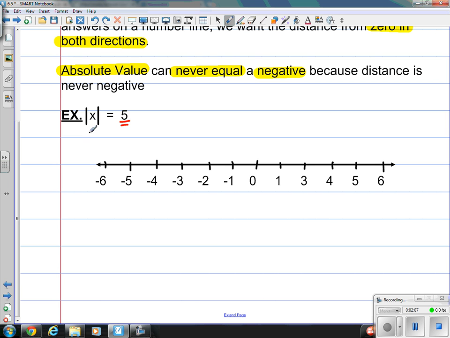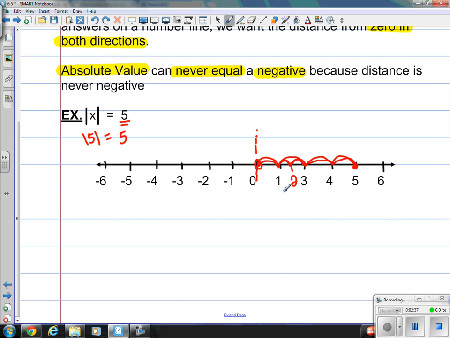So we know that 5 is 5 away from 0 because the absolute value of 5 is 5. So if I put a point here, 5 is 1, 2, 3, 4, 5 away from 0.